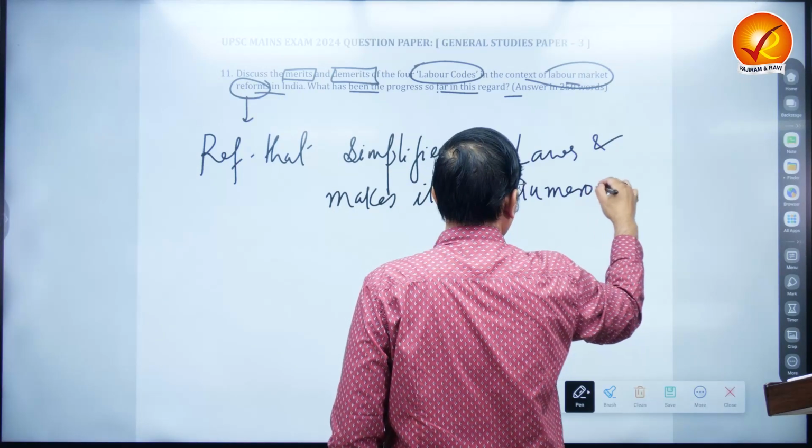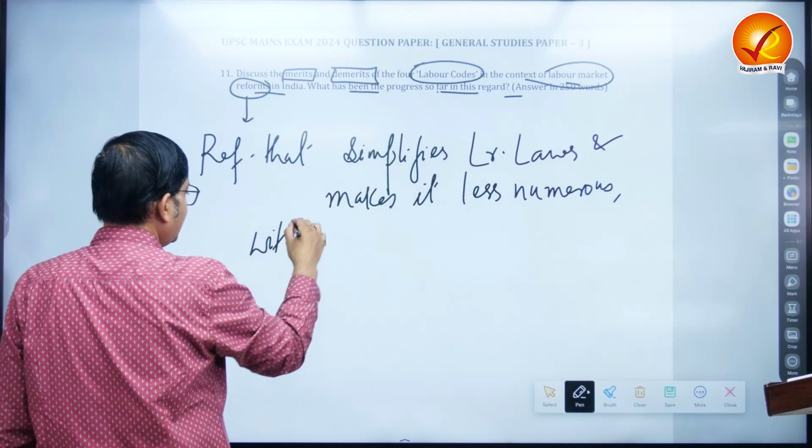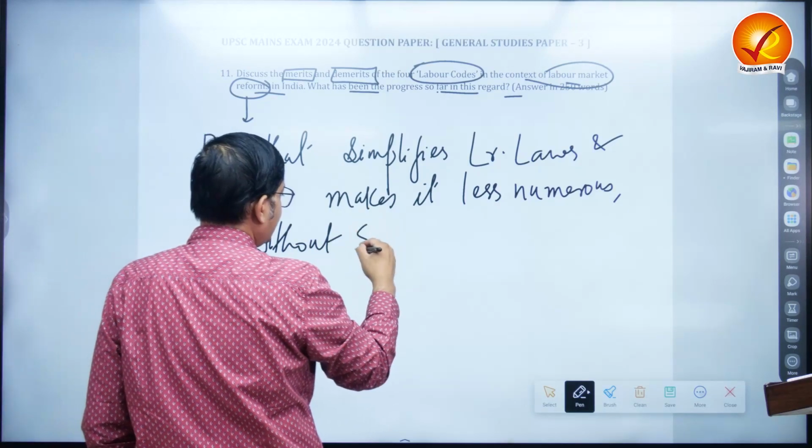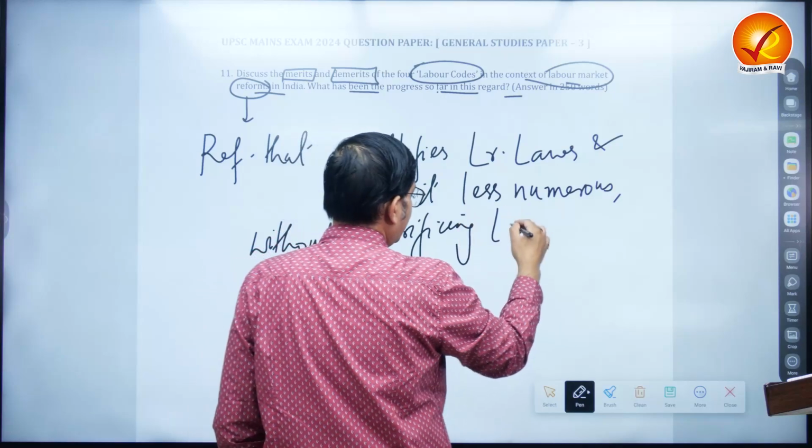Simplification, less in number, but ideally you should also write a phrase in the end, without sacrificing the labor welfare.